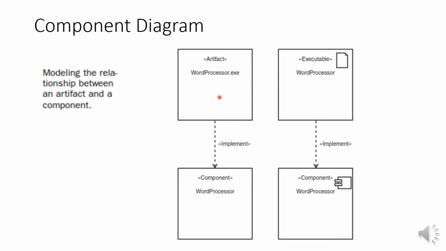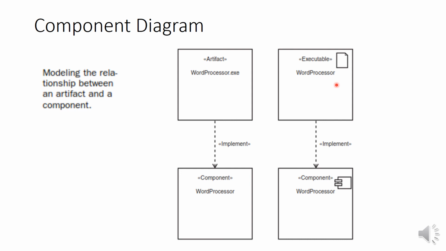These are the ways to represent the relationship between artifact and its component. One way is to write artifact stereotype, name of the artifact, and with dotted line you represent the relationship between them.